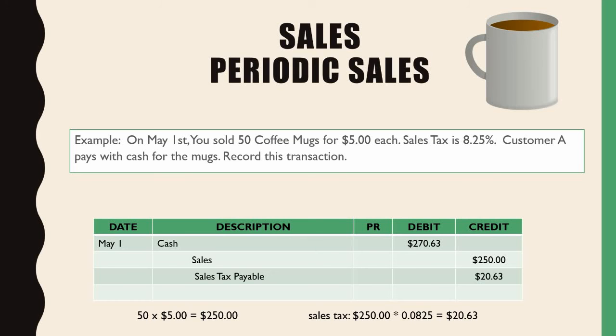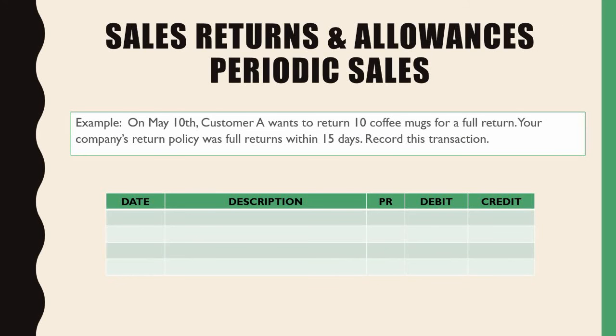Multiplied by 8.25%, that gives you $20.63. So therefore, customer A is going to give you $270.63.